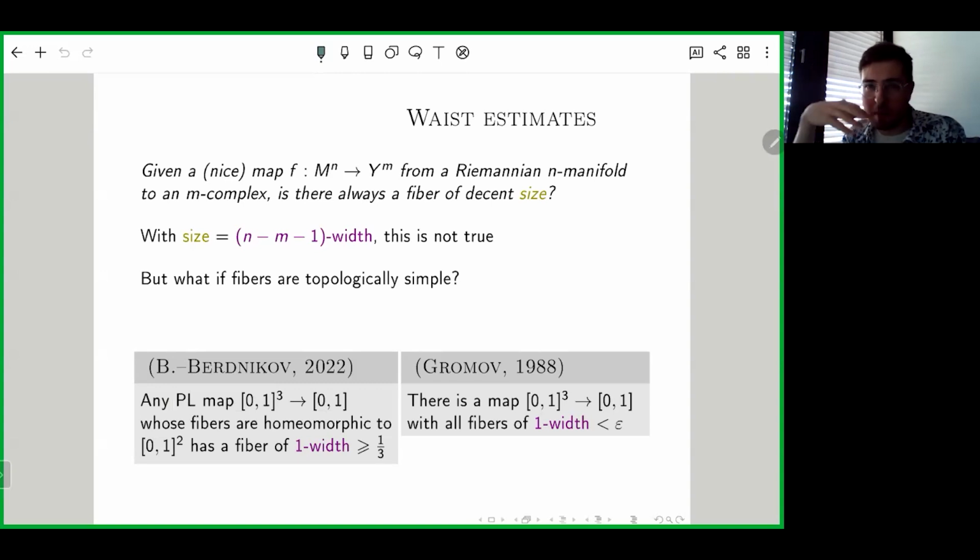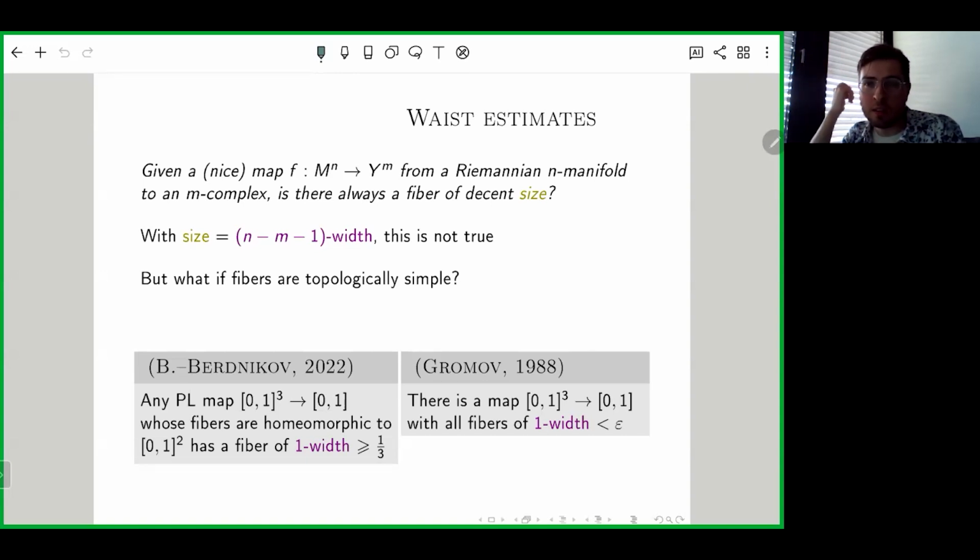From now on, everything is from joint work with Sasha Bernikov. So here is the baby case of our theorem. It says that basically the same result holds if you additionally assume that your fibers are just disks.